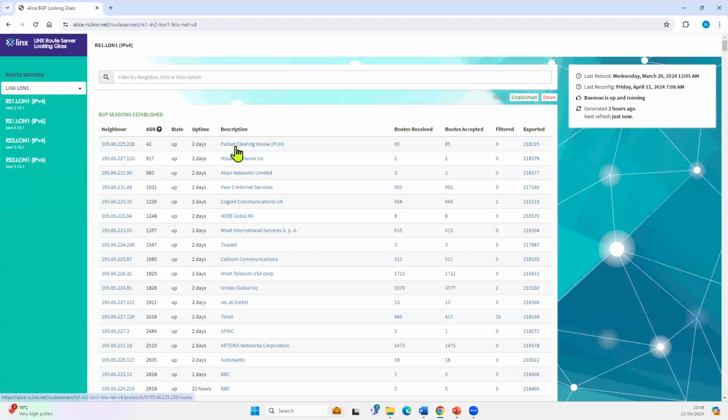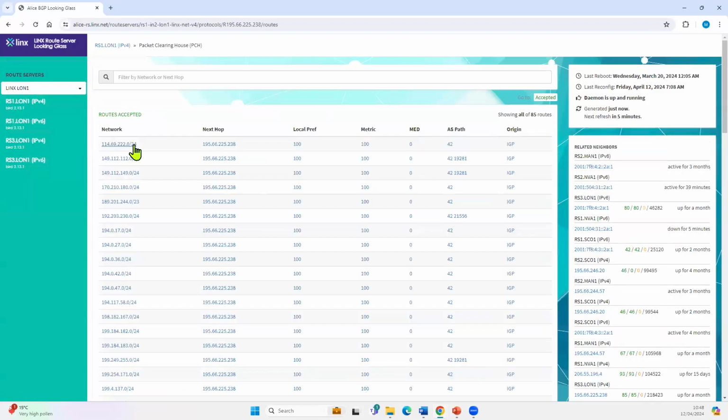So the top one here, Packet Clearinghouse, is autonomous system 42. That's the IP address of the router, and it's sending and receiving 85 routes here. If we click that link, we see the page that I just showed on the slide. There's a list here of those 85 different routes that are being advertised across the internet from AS42, from the router with this address here.